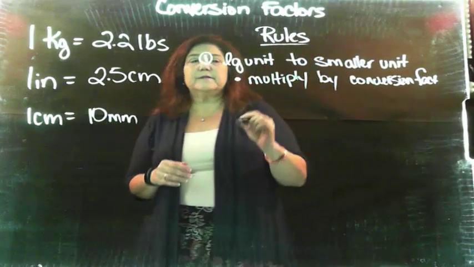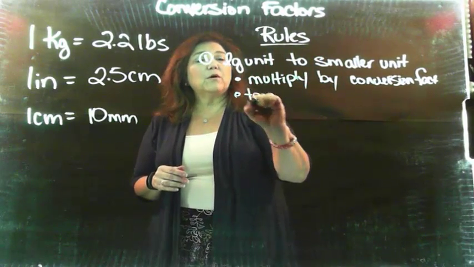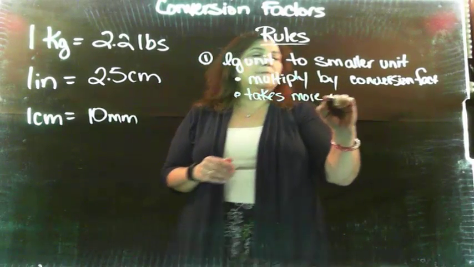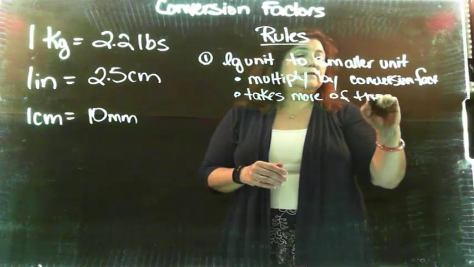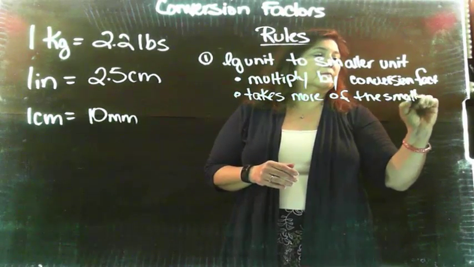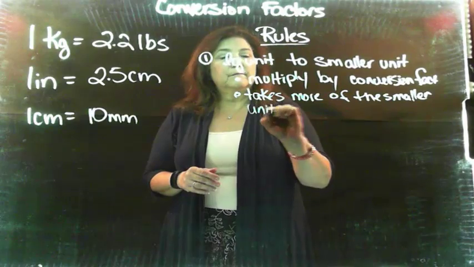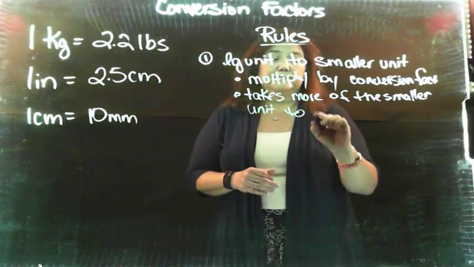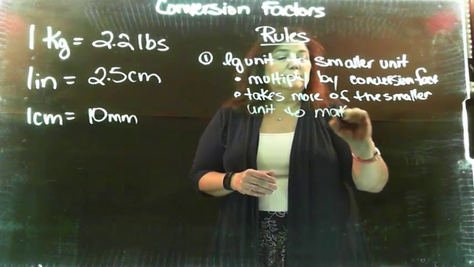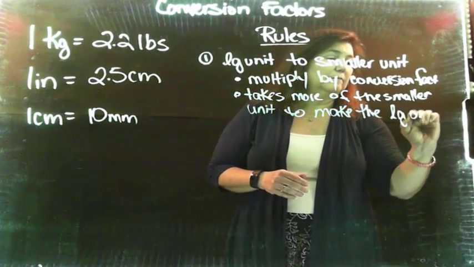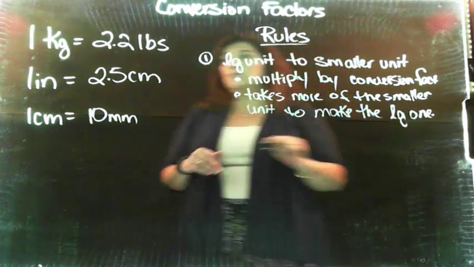And that's because it takes more of the smaller unit to make the larger one. Okay, so that's the first rule.